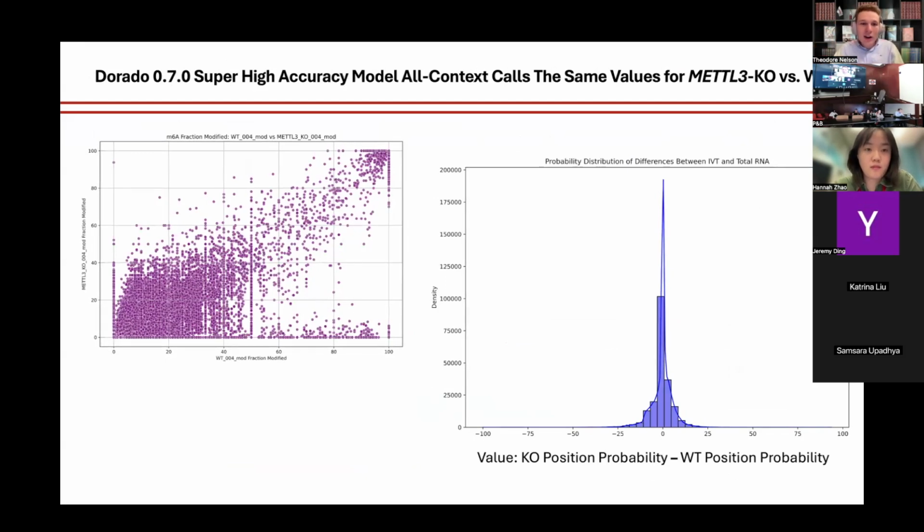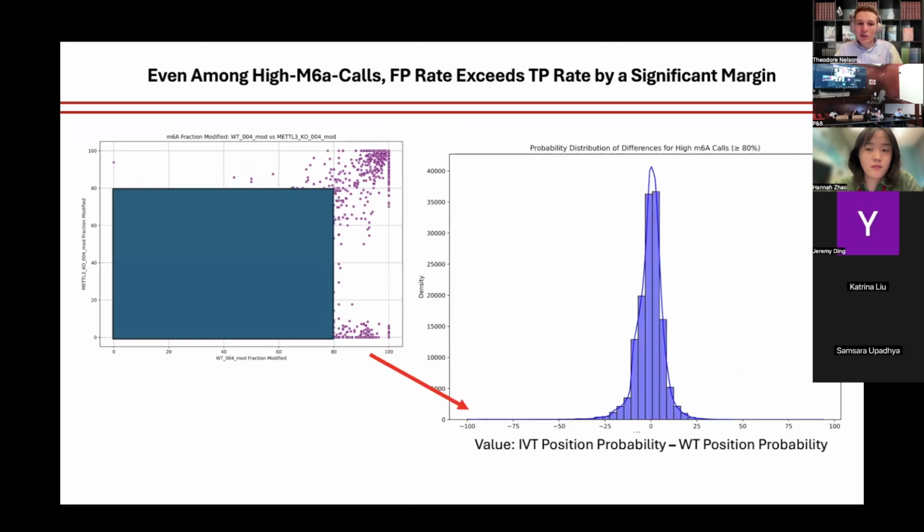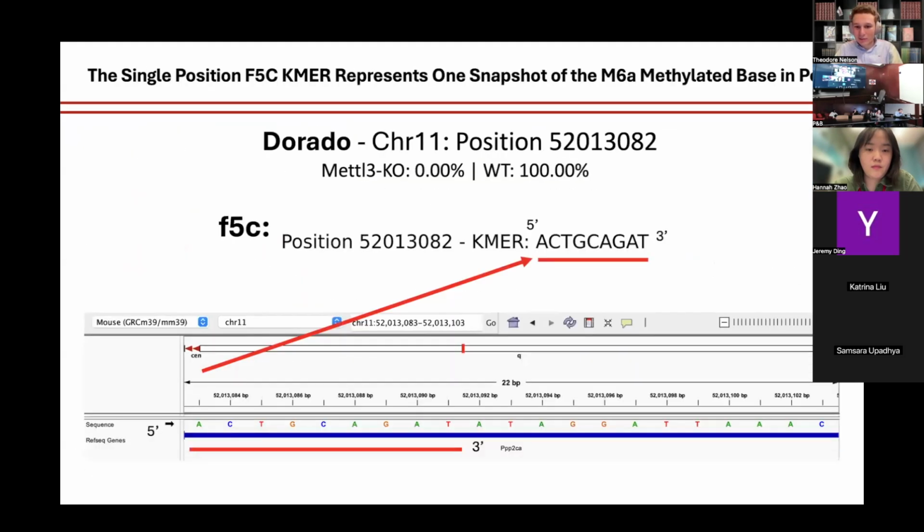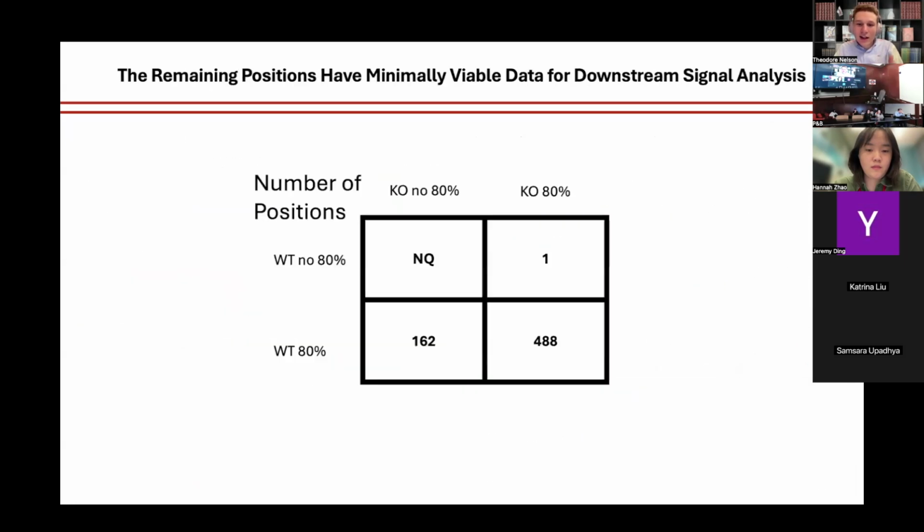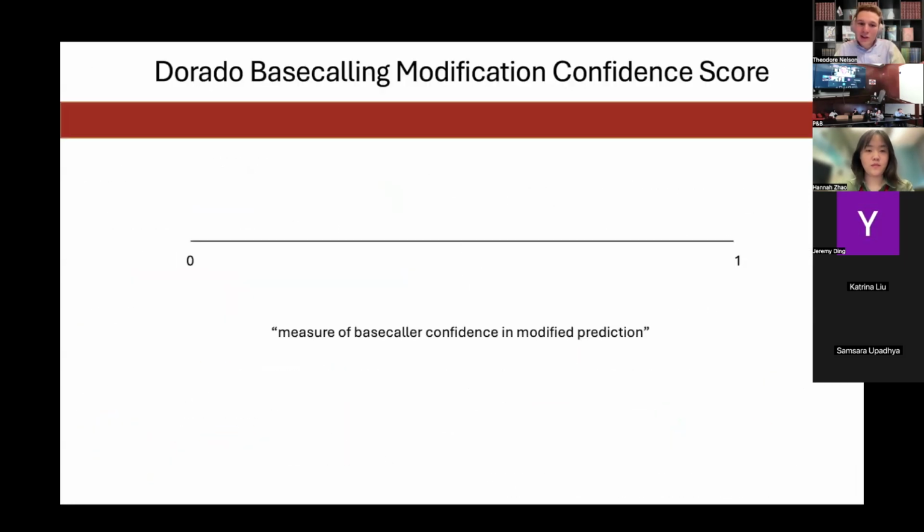When we ran the automatic version of ModKit, it estimates a base caller modification confidence score, it depends on your sample, but roughly around 0.75, which in my experience is far too lenient and again allows the introduction of all of these false positives. They basically have an internal algorithm that I consider lenient that estimates what base caller modification confidence you should use for your sample when you aggregate the data. But you can actually set it yourself.